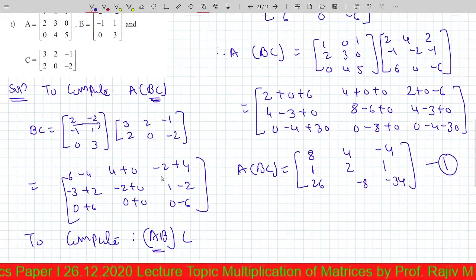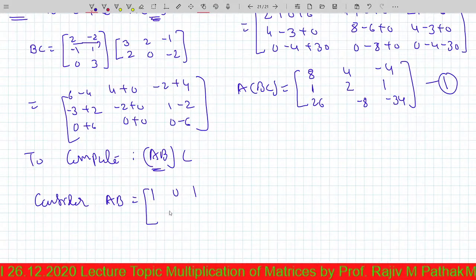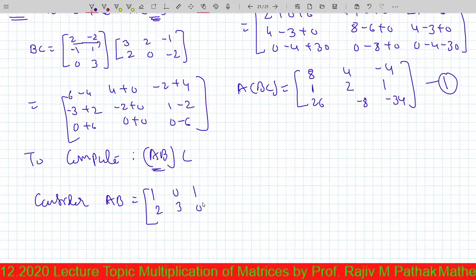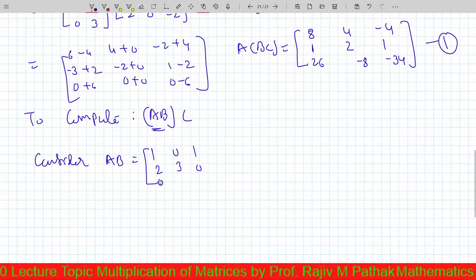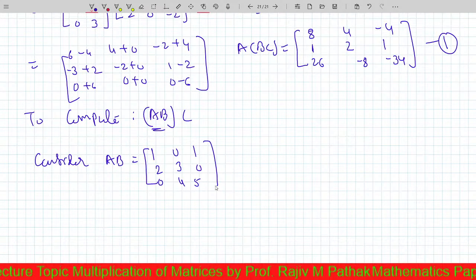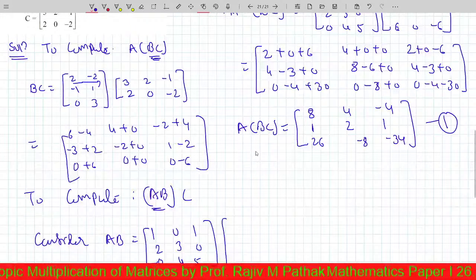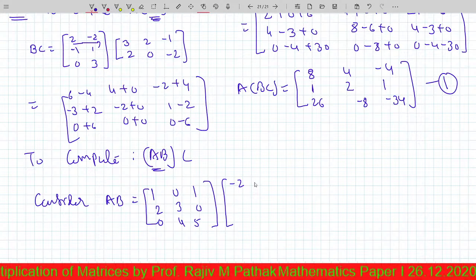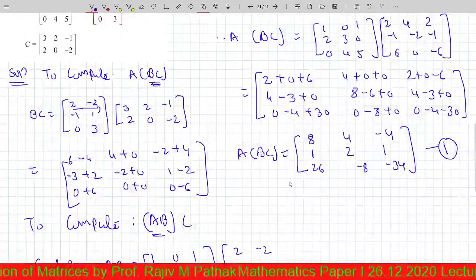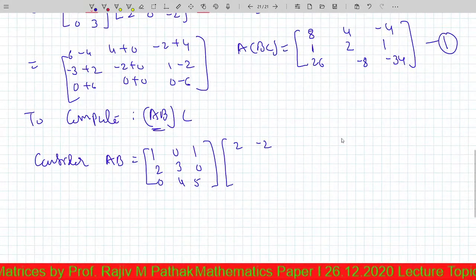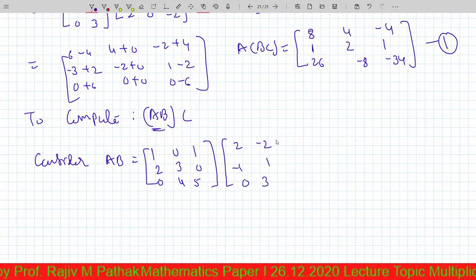A is 1, 0, 1, 2, 3, 0, 0, 4, 5, into B. What is B? 2, minus 2, 2, minus 2, minus 1, 1, 0, 3.